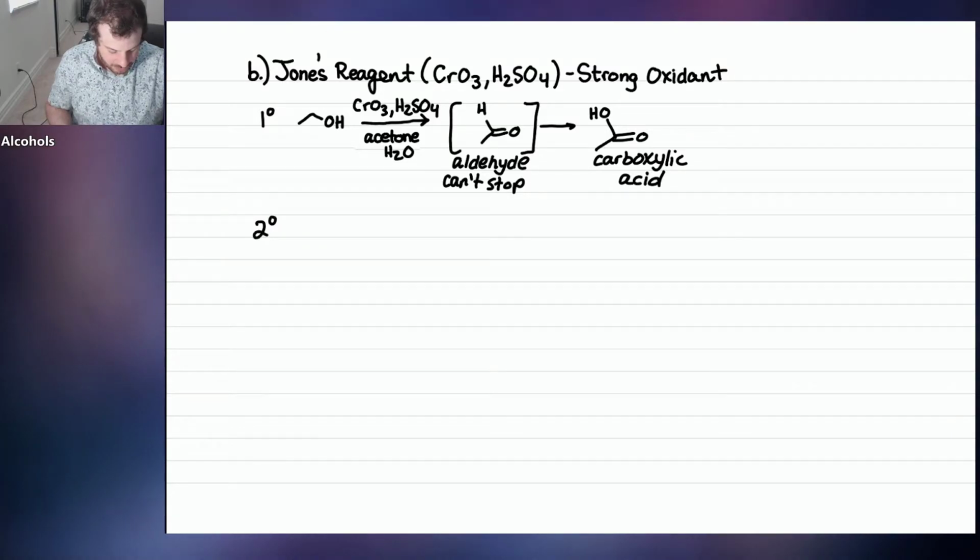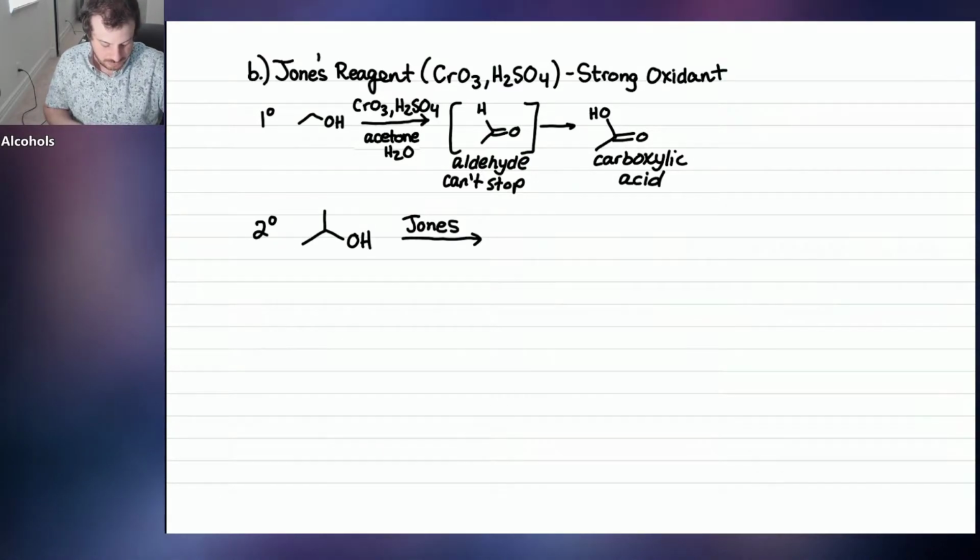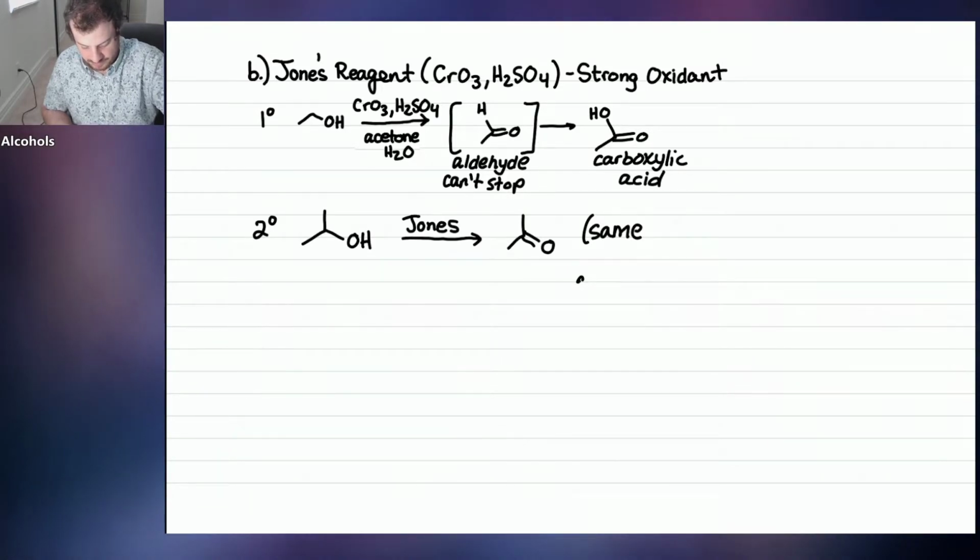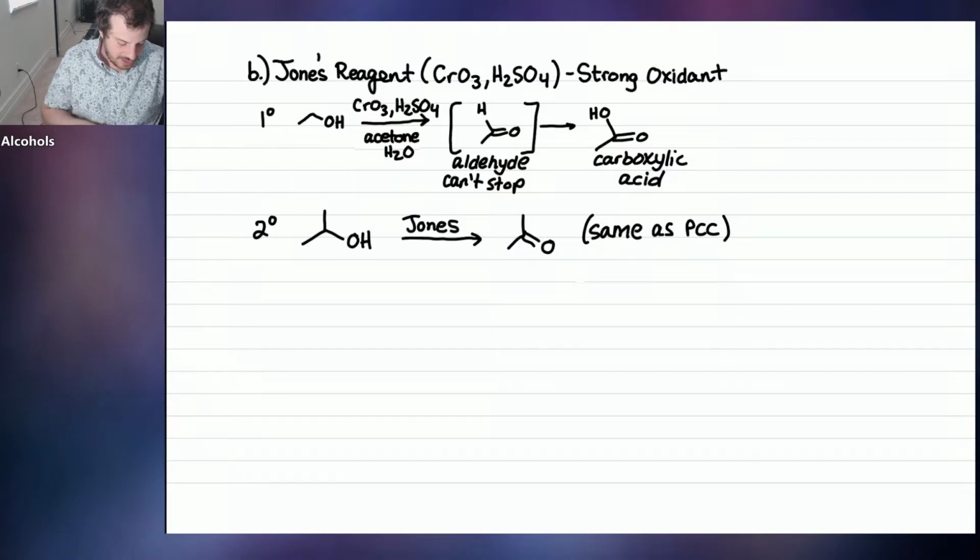For secondary alcohols, it does the exact same thing as PCC and turns them into ketones. By the way, you don't have to write all of that CrO3, H2SO4, acetone, H2O. You can just write Jones if you want. And that does the exact same thing as PCC. It creates a ketone. So same as PCC. So that's nice. That's easy. And then for tertiary alcohols, also the same as PCC.